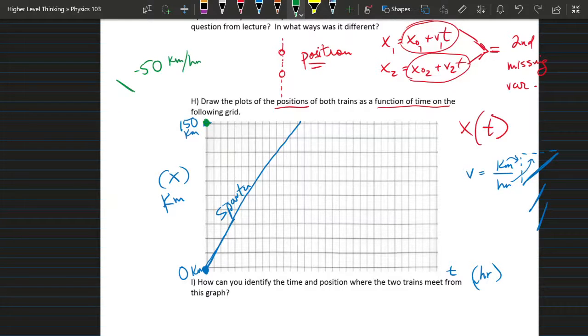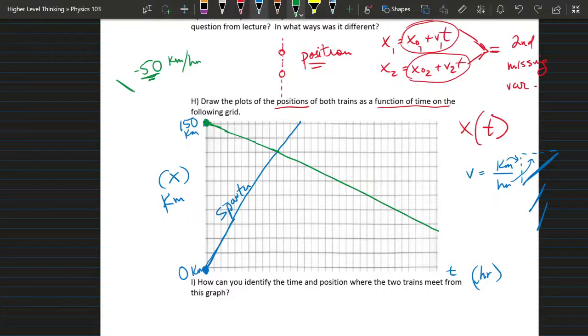So not only is the slope negative, but it's less steep than the positive Sparta slope, because the magnitude of this vector isn't as great. It's only 50. So we're not going to get this exact, but we're going to draw a negative slope with a shallower decline. So let's say something like this, and we know eventually they keep going on their way.